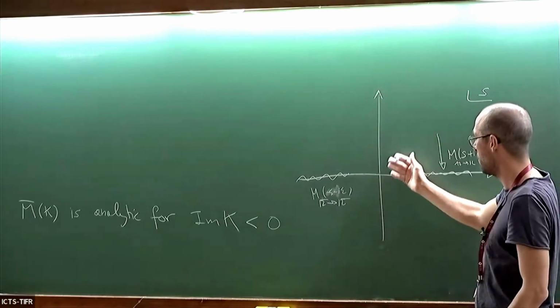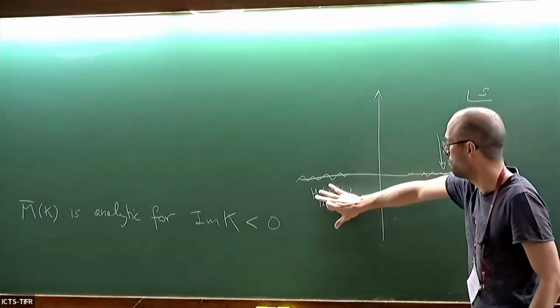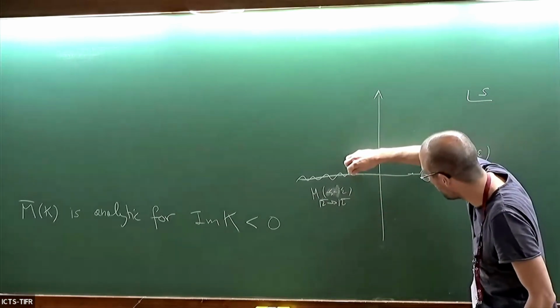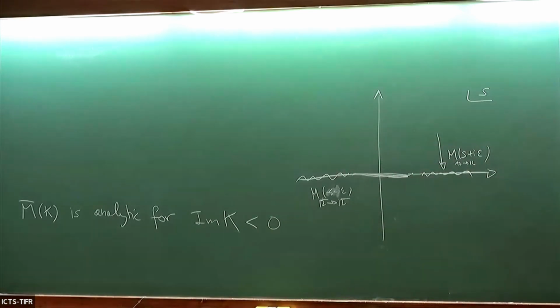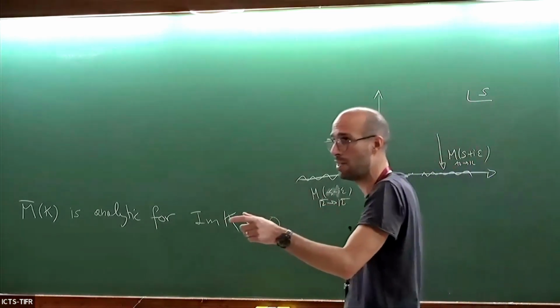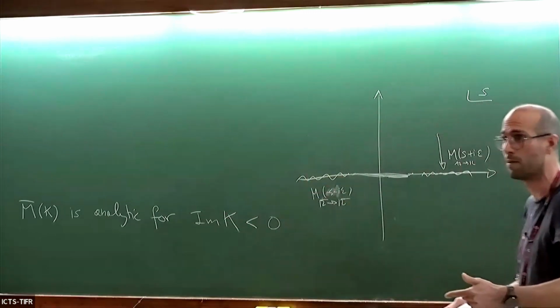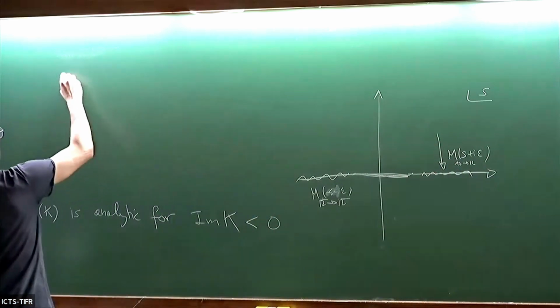In fact, they are the same function. I can analytically continue this one to this one, because they agree on the common boundary. This is an important theorem in complex analysis. When you have two functions analytic in a region and they agree on a common boundary, they are the same function, which is analytic everywhere. So why is that the case? Because you can take the difference.